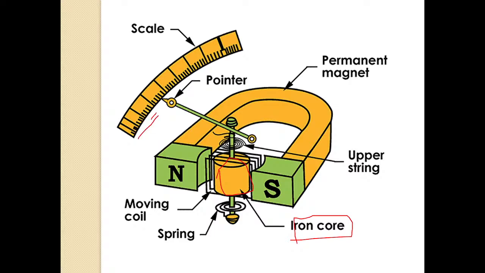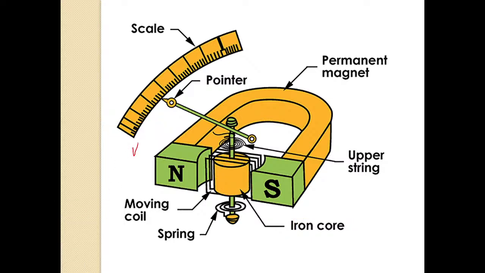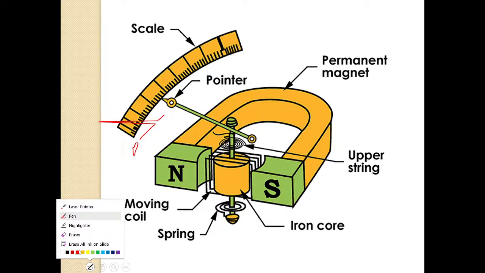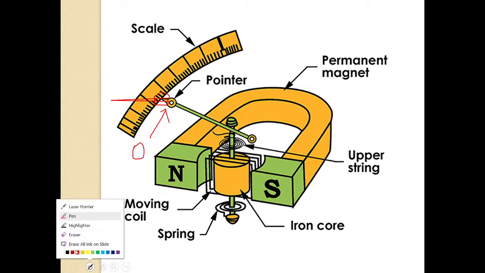Now once the deflecting torque is induced, the pointer has started to move from zero position. Suppose this is zero, from here the pointer has started to move and it has to stop at this location, at this reading.